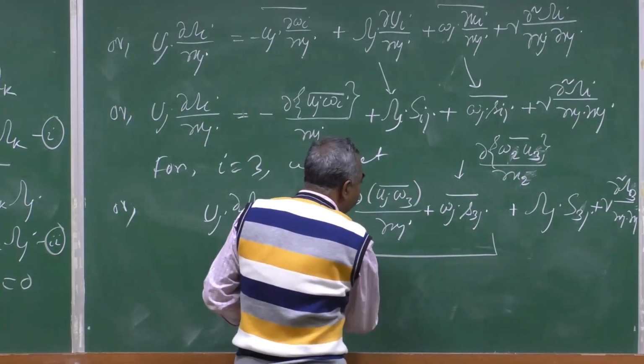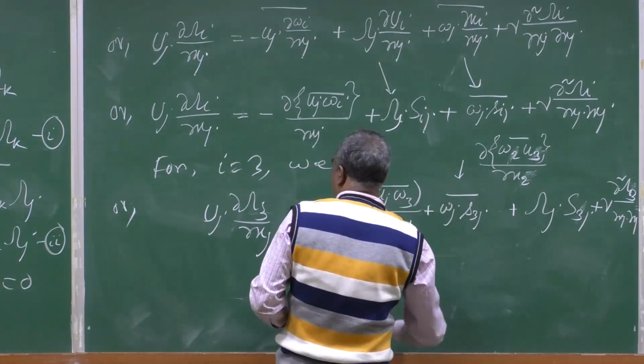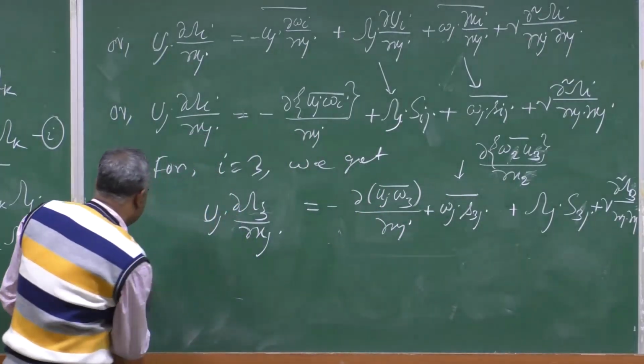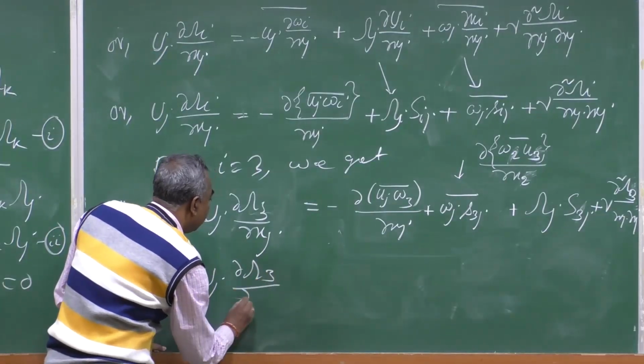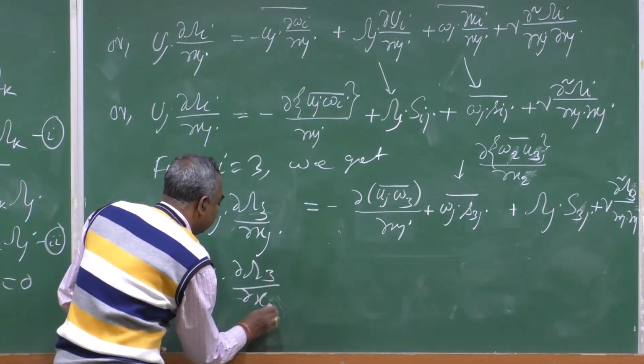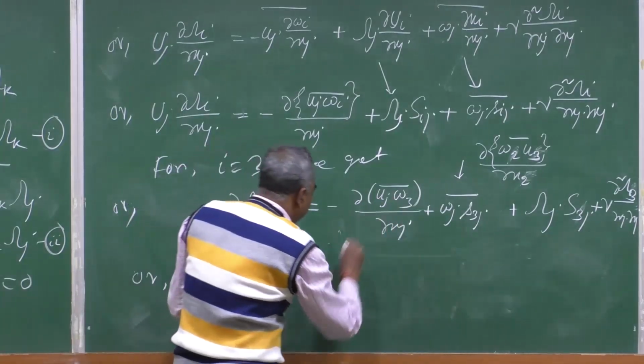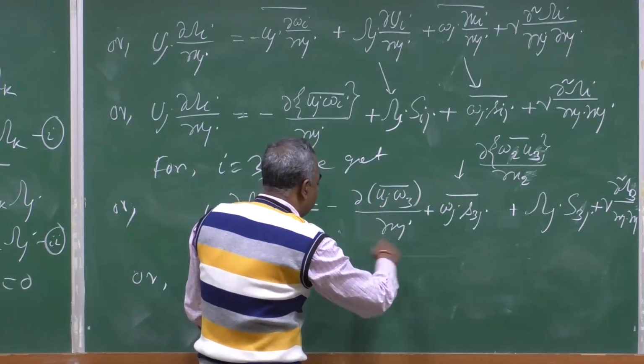So, in the next step we write for the two dimensional mean flow case, and we are just concerned about the turbulent term. Let this term be there as it is. So, what are the turbulent terms going to be here?